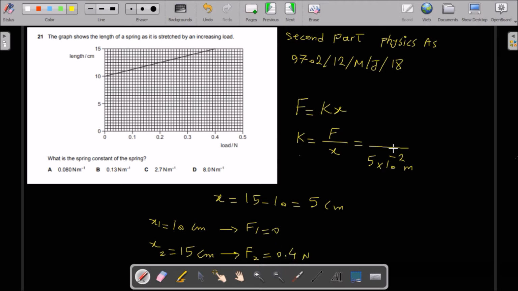So if you subtract, you will get 0.4. So the final answer will be 8 Newton per meter. So D is right. Question 21, D is right.